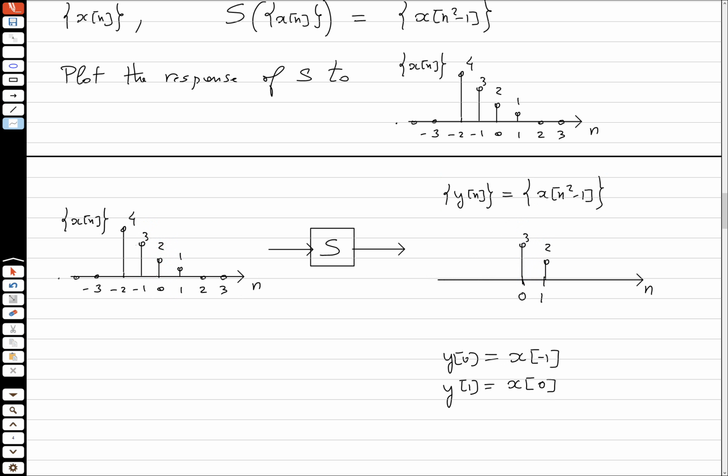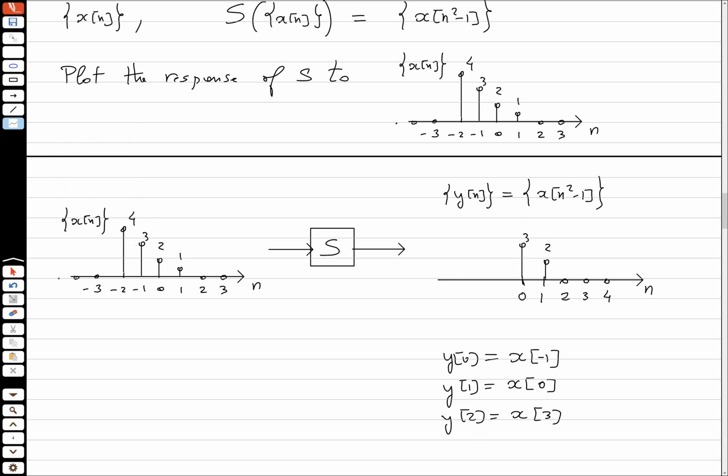Y of 2 is what? So is 0. At 3 it's going to be, I mean, all the way it's going to be 0, all the way to plus infinity. All right? Because y of 4 is x of, no, y of 3 is x of 8, etc.